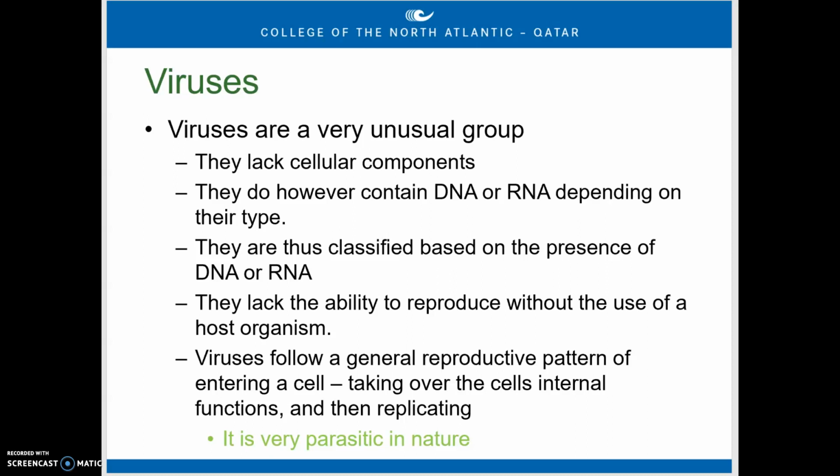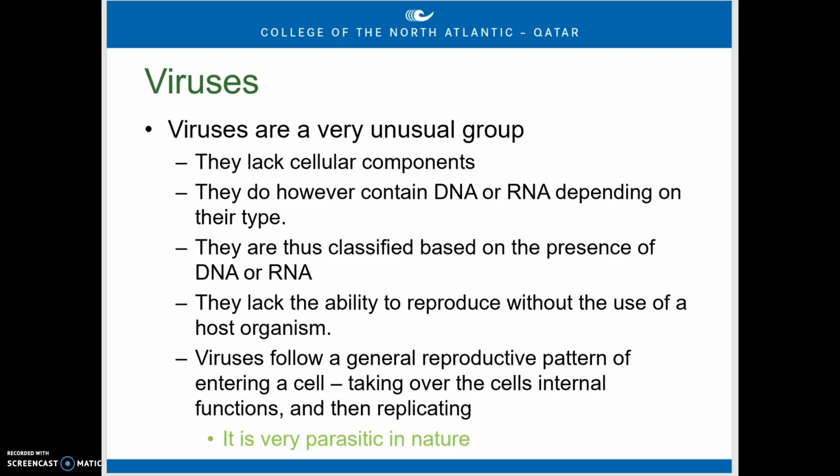Now, their general life cycle, their general reproductive pattern, is that they need to find their way into a cell. When they do, their genetic material, their DNA or their RNA, will hijack the nucleus. Once it hijacks the nucleus, it takes over that cell, it reprograms that cell, and that cell becomes a virus factory.